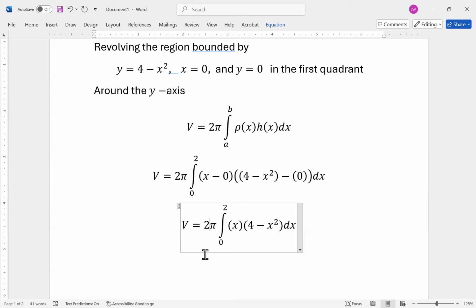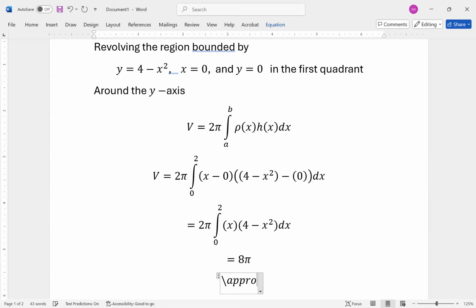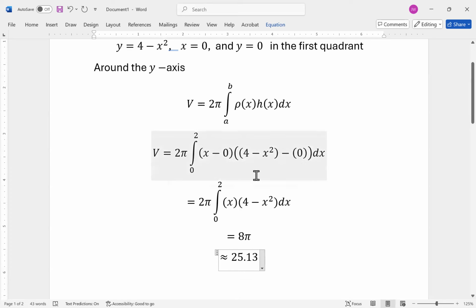So after I multiply by 2, the volume of this object after I integrate is equal to 8 pi. 8 pi is about 25.13. So we just found the volume of that object utilizing the shell method.